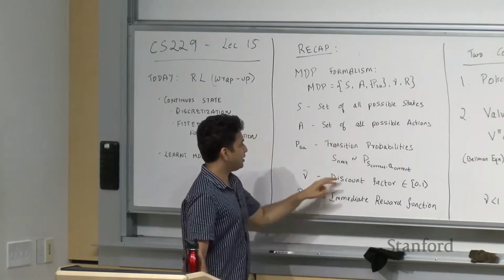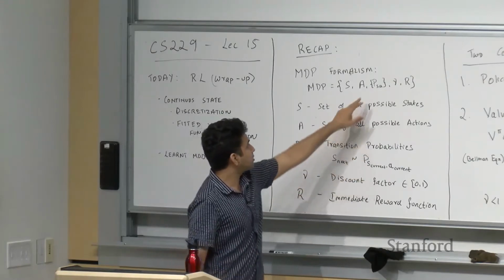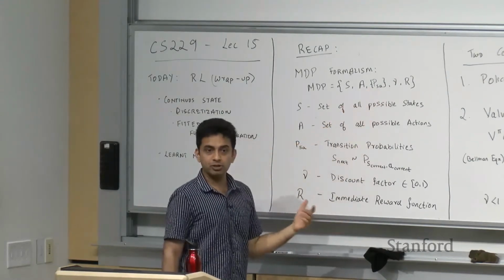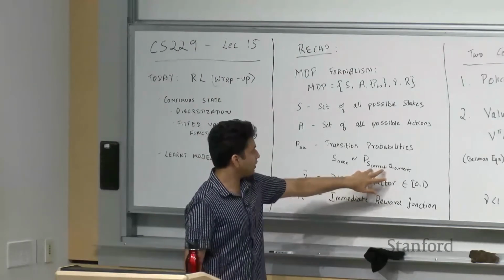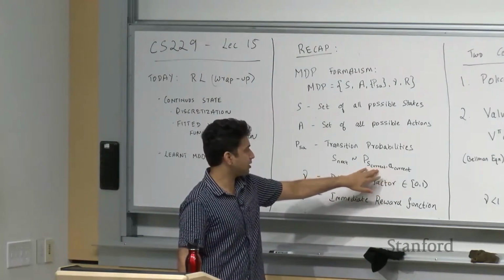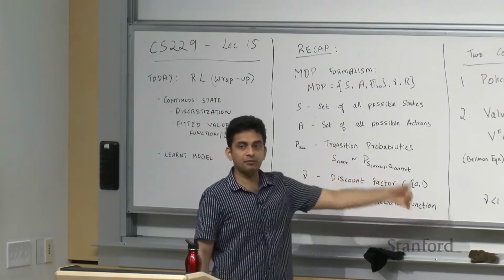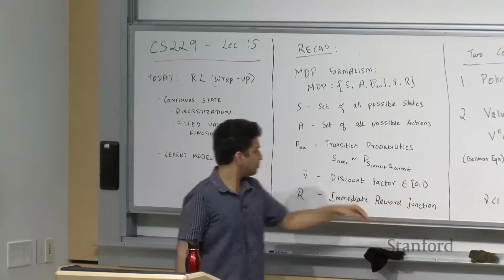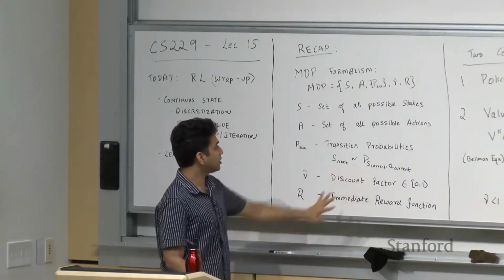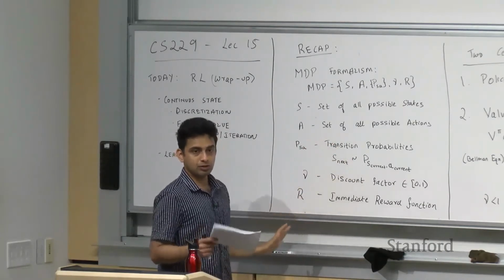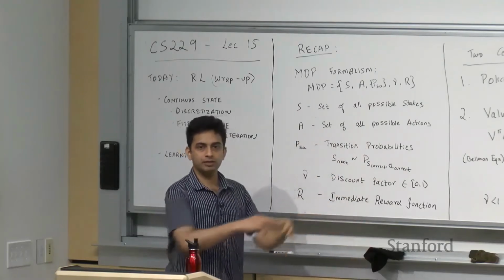What that specifically means is each P_SA is a probability distribution over the set of states, and it is different for every combination of S and A. So if we are in current state S and we take current action A, then the state that we will end up in for the next time step is distributed according to P_SA. Right? So this is only describing how the world works. Think of this as like the laws of physics. You take an action and you end up in some state. This is how the world works.